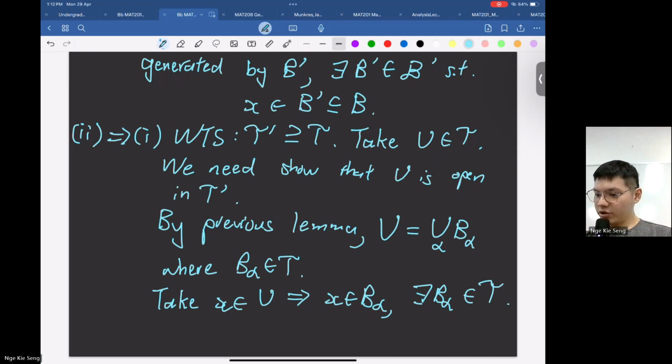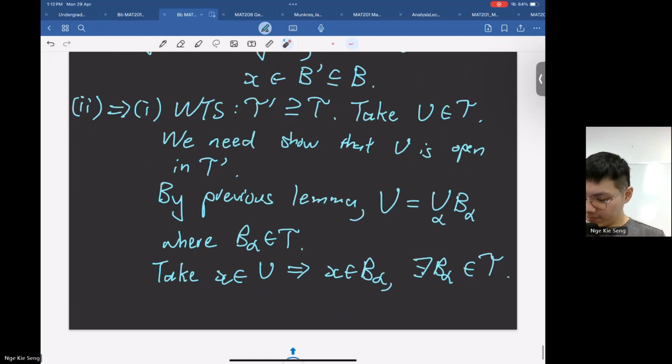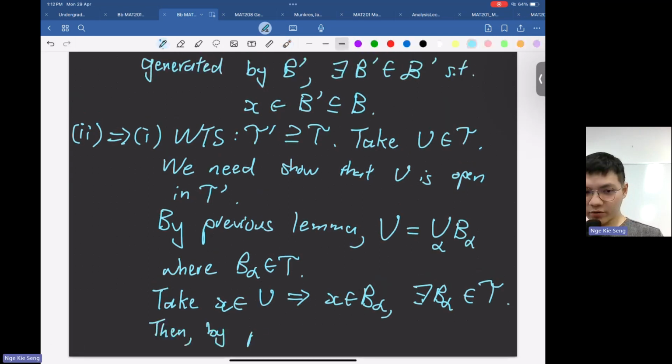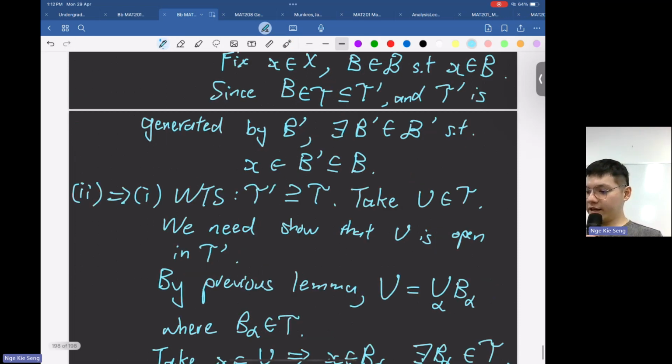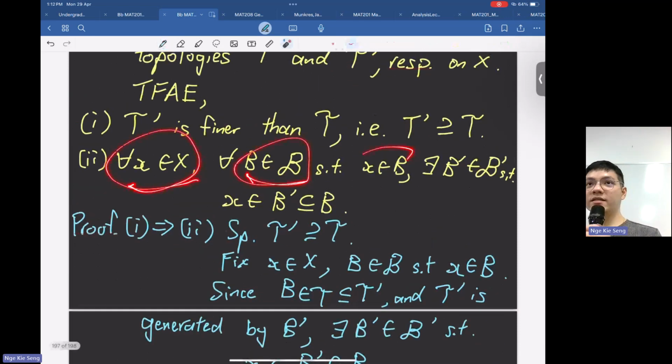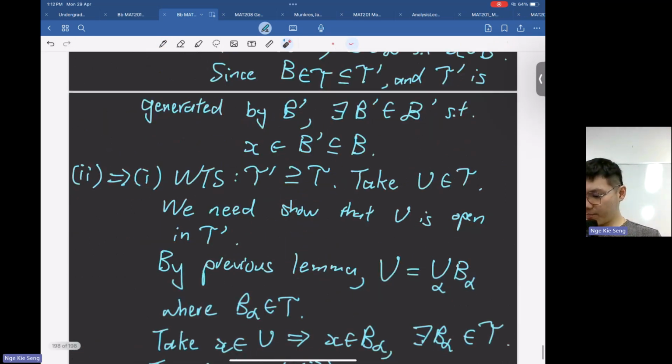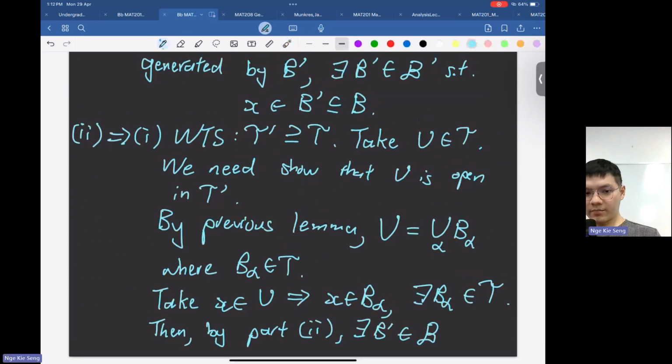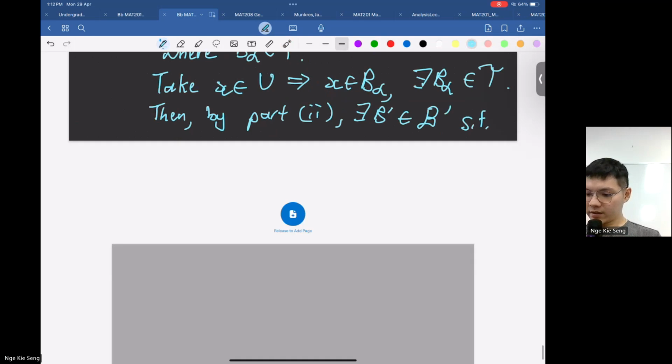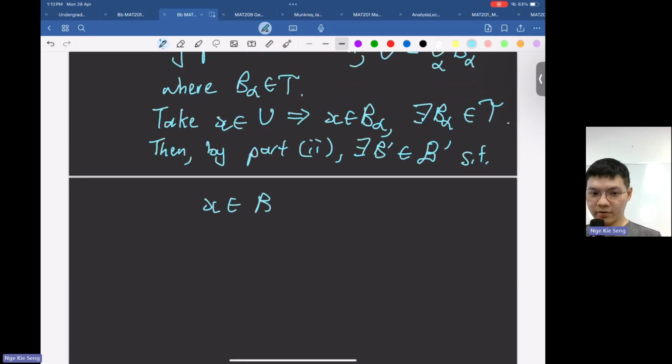To show that U is open in T prime, what do we get here? By part 2, for every X, if you have a B that contains X, then I can find a B prime in script B prime such that X is in B prime, and this B prime is in B alpha.